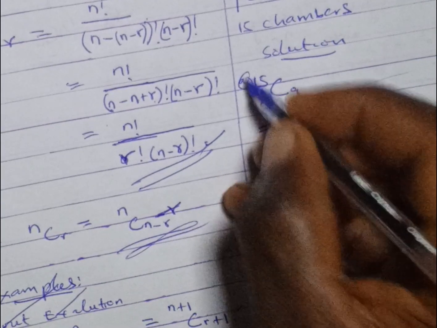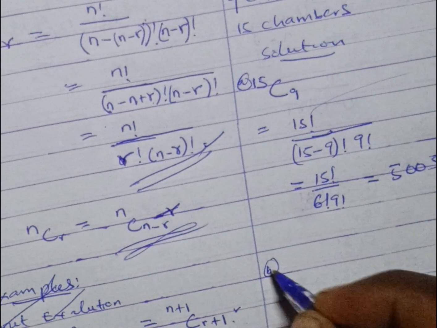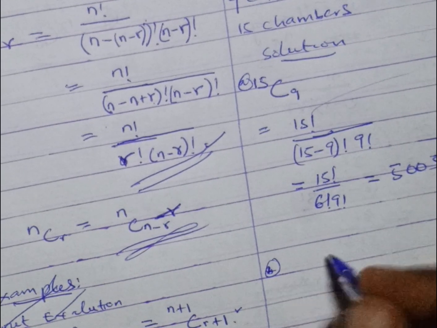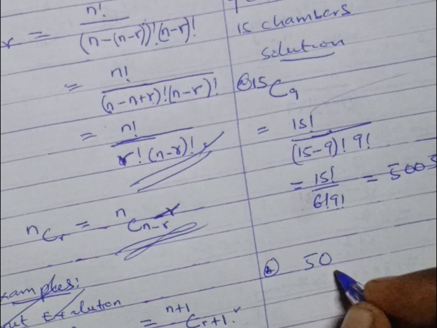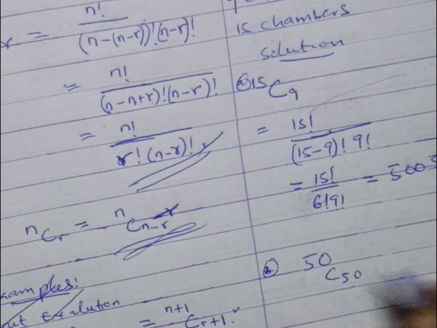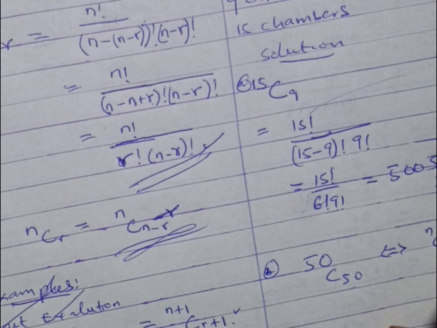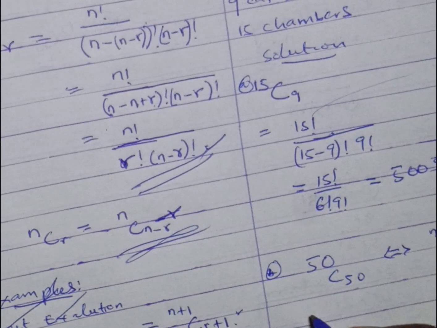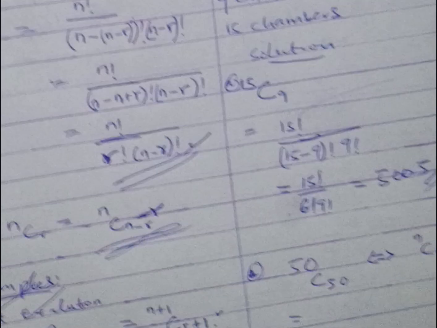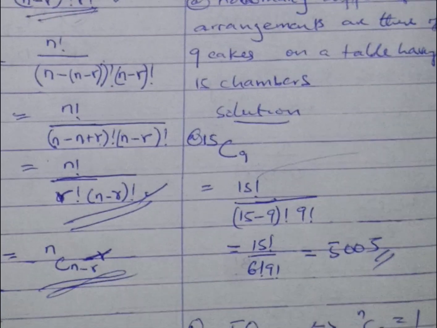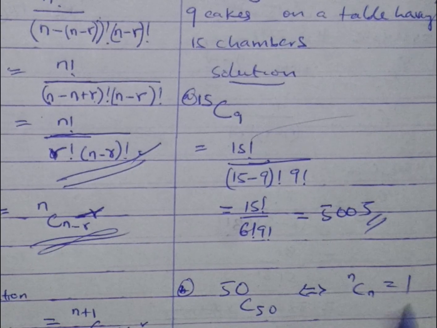This is the A part. Sometimes the B part, or number 2, you might say 50 combination 50. Remember, it's equivalent to saying nCn, which is equal to 1.